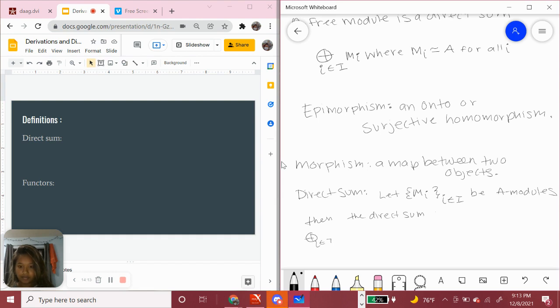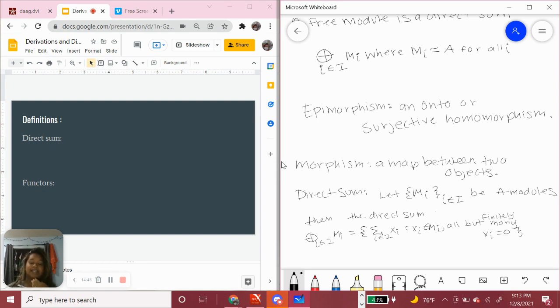From i in I of M sub i is equal to the summation over i in I of x sub i for all x_i in M sub i, where all but finitely many x sub i's equal 0.